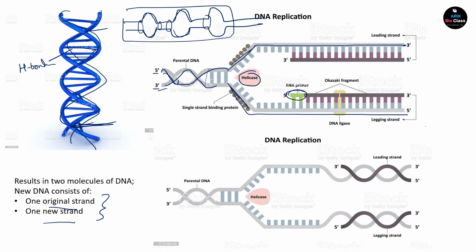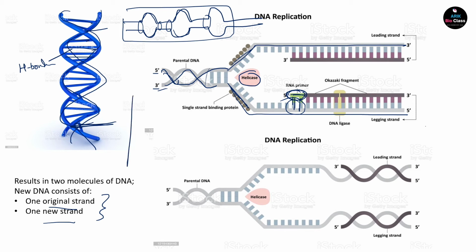Primer is nothing but the complementary bases to the starting nucleotides present on the template DNA. This RNA primer will come and join over here, and after that the nucleotides will come and join.